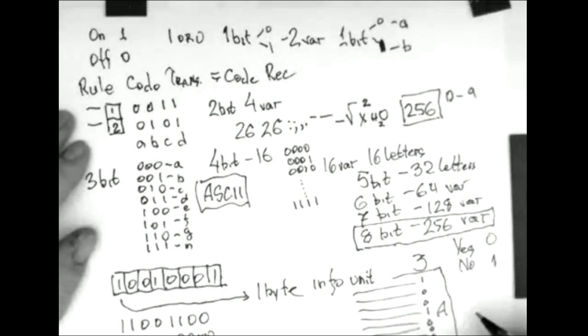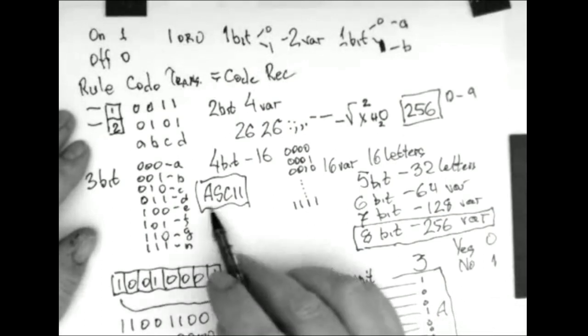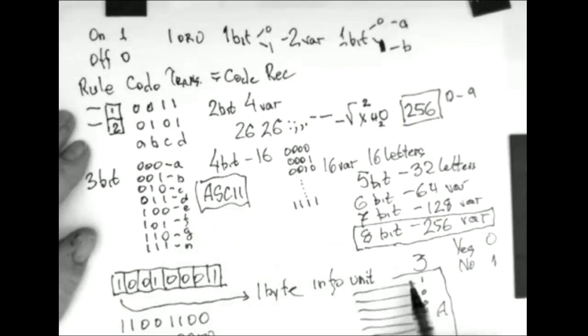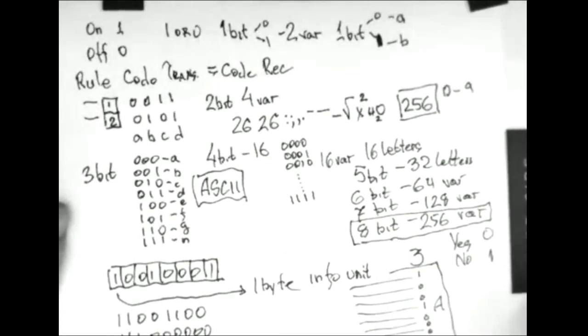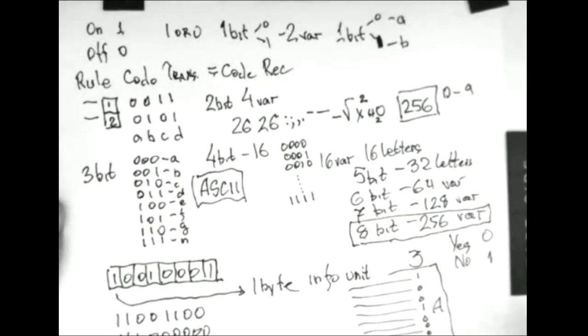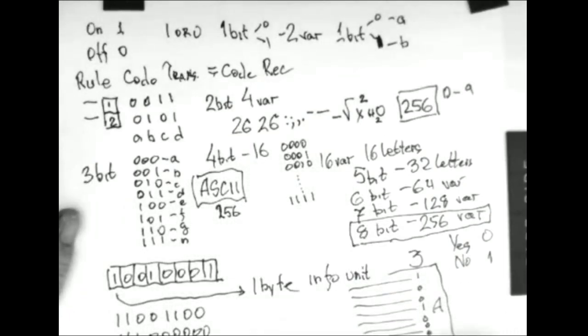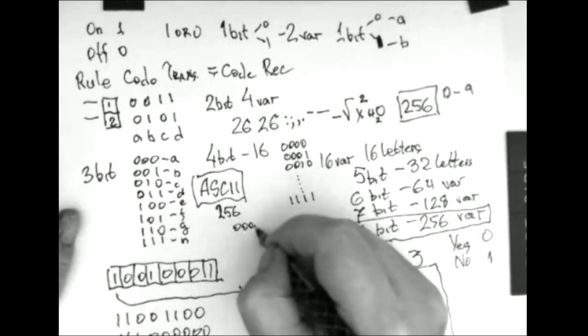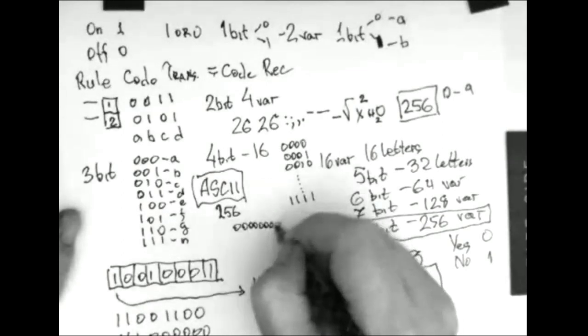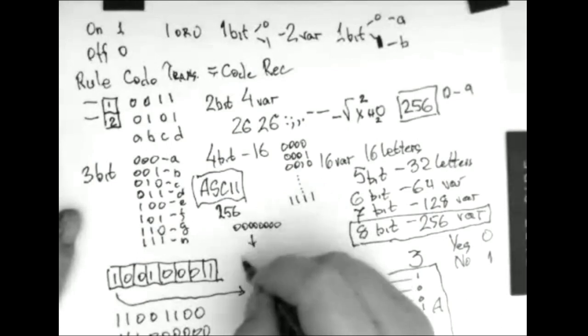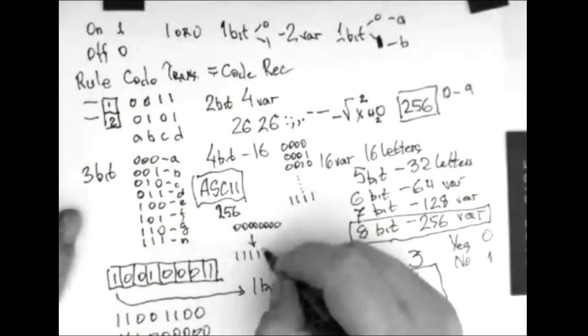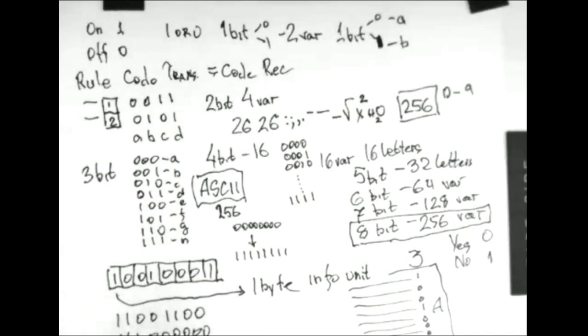ASCII is a code table that stands for American Standard Code for Information Interchange. I recommend you Google this code and print it for yourself. So the American Standard Code contains 256 code lines from 00000000 up to 11111111.